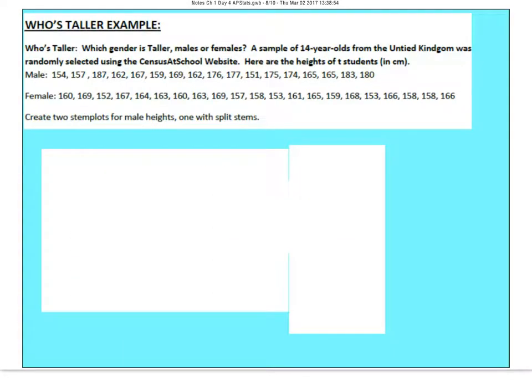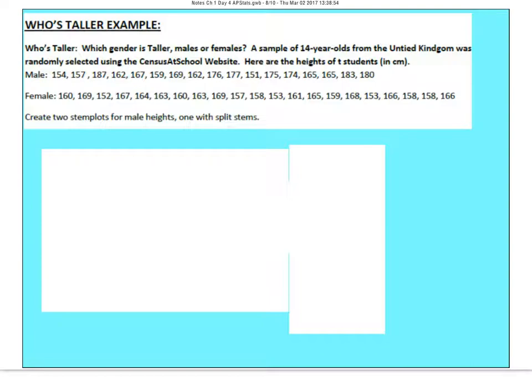So for our notes, let's look at this example. Who's taller? Which gender is taller, males or females? They took a sample of 14-year-olds from the United Kingdom at a particular school. Here are the heights of the students in centimeters. We have the guys and we have the gals. They want us to create two stem plots for the male heights, one with split stems.